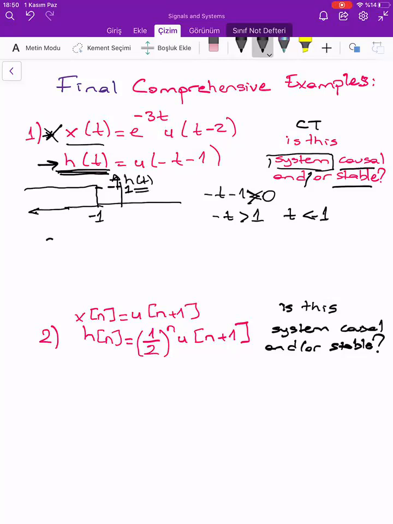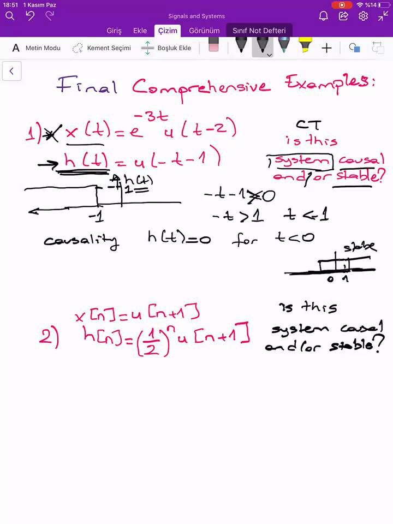In terms of causality, bakın arkadaşlar, I should check if h of t is equal to 0 for t less than 0. If you look at h of t, and if h of t is something like that, that means 0 before 0, then it is causal.